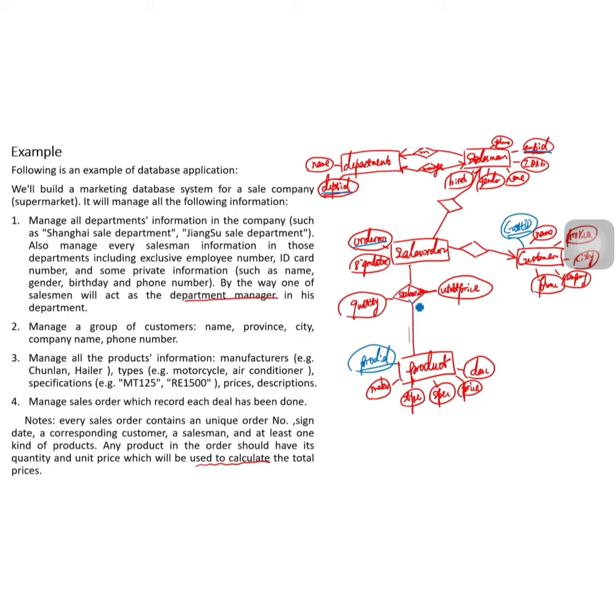When we face a many-way relationship, it's better to convert it to an entity set, because it will be easier to find the keys.